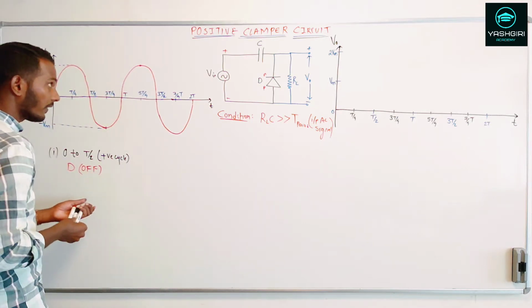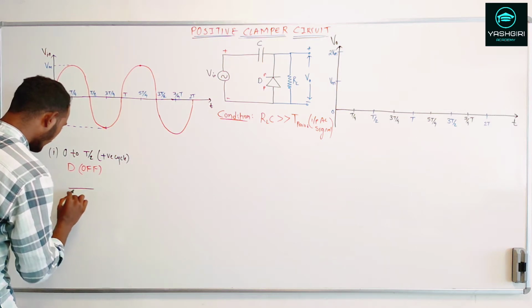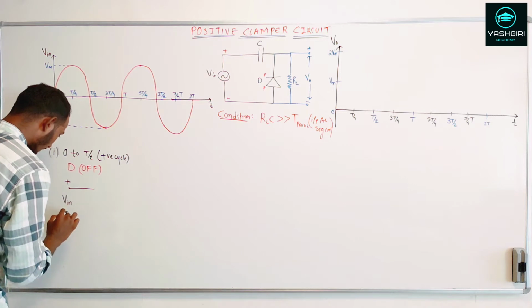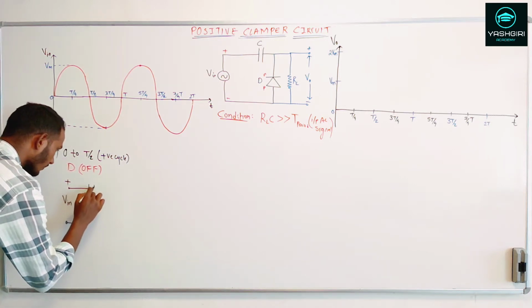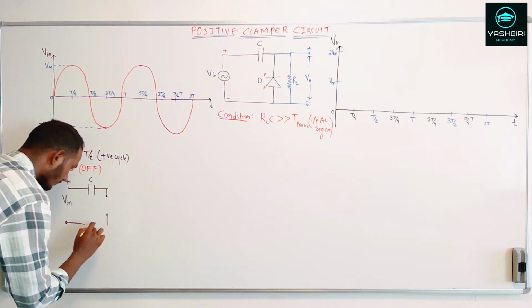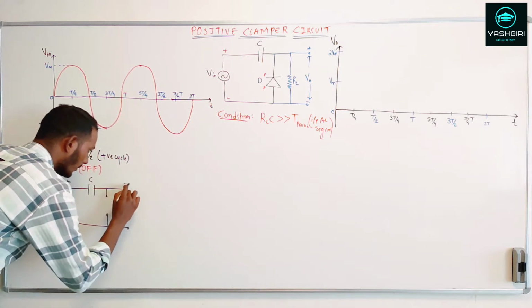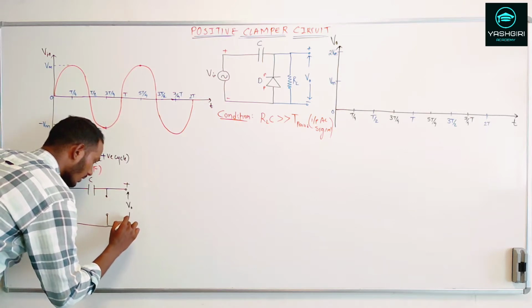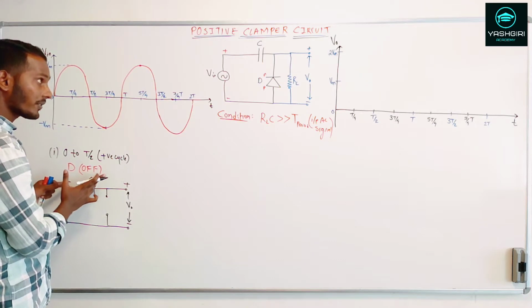Let me draw the equivalent circuit diagram, how it will look. Here this is my plus, and let this be my V in, and that's the capacitor C. Here it will be an open circuit, and we are measuring the V out across this load RL, plus and minus. This is the equivalent circuit for this time period, wherein the diode is in the off state.